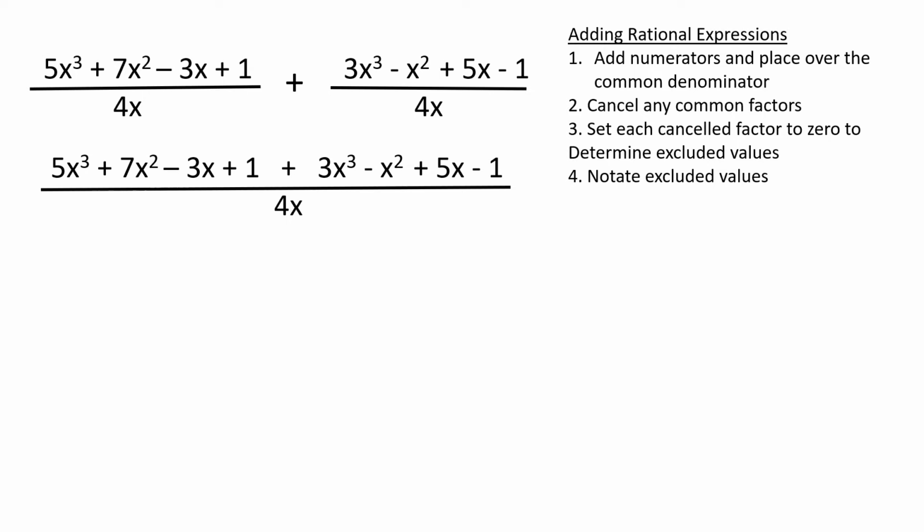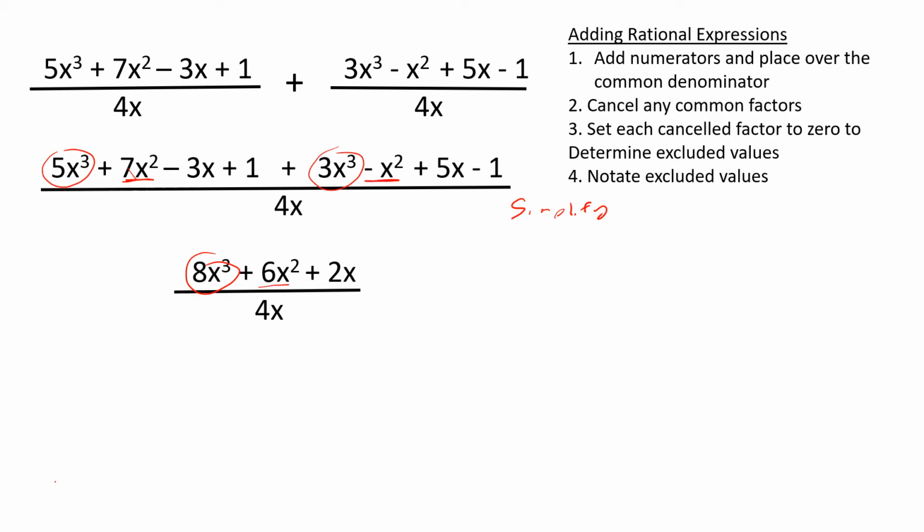And then from here, you're going to simplify the like terms. Look at it here. Here we have a 5x cubed and a 3x cubed. 5x cubed plus 3x cubed gives you the 8x cubed, which is what we got down here. And you continue finding like terms. Here we have 7x squared minus x squared.